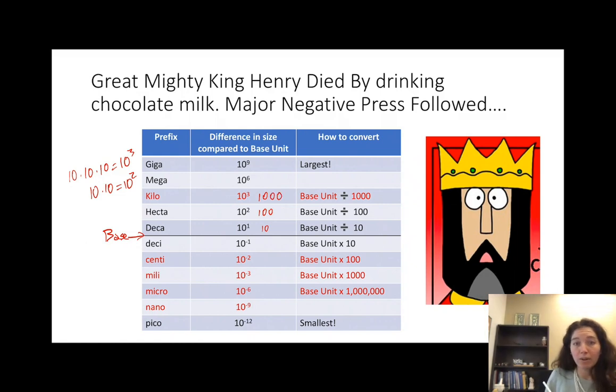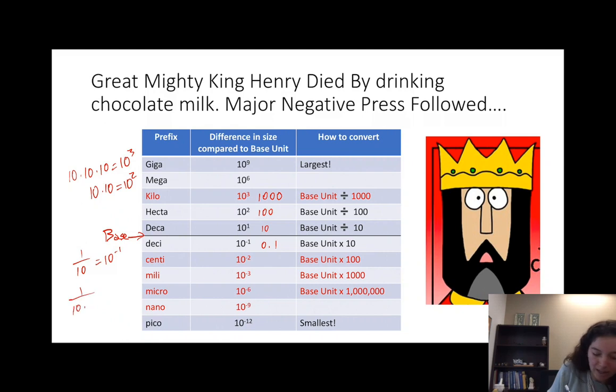And so on and so forth there. Now if we get smaller, we've got 10 to the minus 1. So that's 1 over 10. 1 divided by 10 equals 10 to the minus 1. So that's 0.1. If you've got 10 to the minus 2, that's 1 over 10 times 10, which is 0.01. So that's 1 over 100, right?